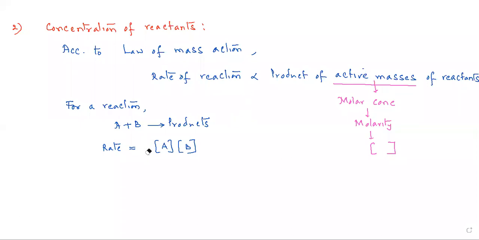Or else it can be written as rate is proportional to the product of active masses of the reactants. Then go for rate is equal to K[A][B], where this K refers to the rate constant or specific rate.